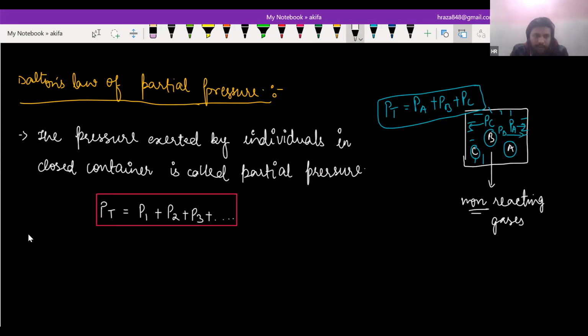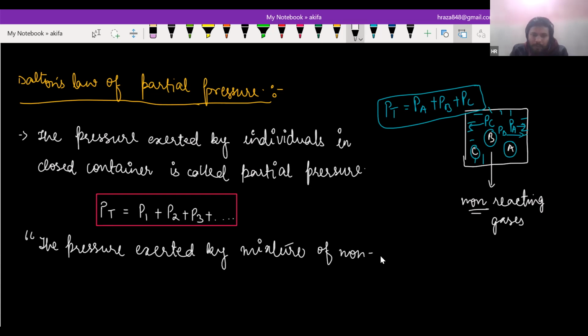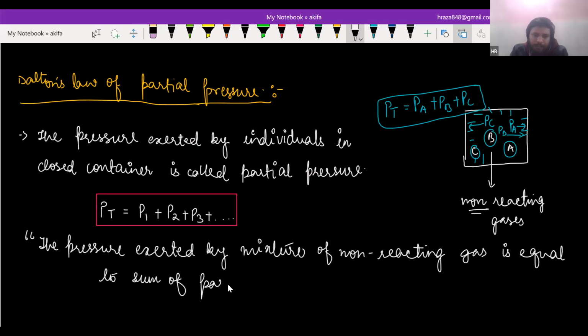Okay. So then I'm going to write: the pressure exerted by a mixture of non-reacting gas is equal to the sum of partial pressure of each gas at the same temperature.